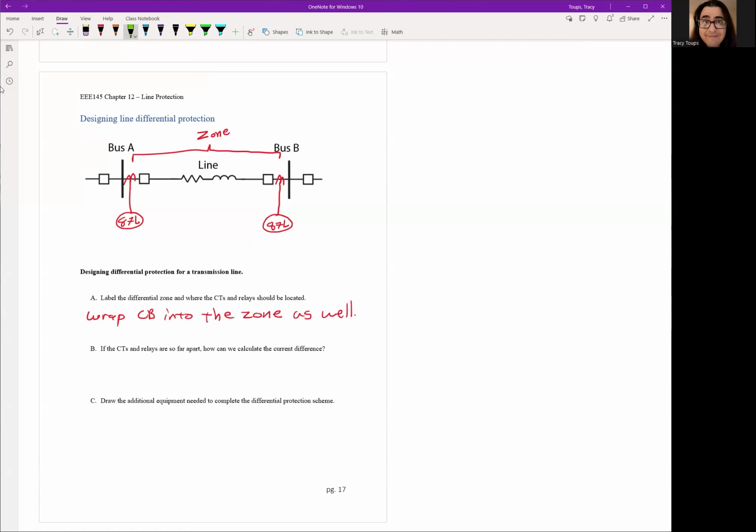Luckily, in today's world, we have better communication schemes than just the telephone wire that we've used. The biggest one is fiber. So we use some level of communication scheme. The communication is required between substations.